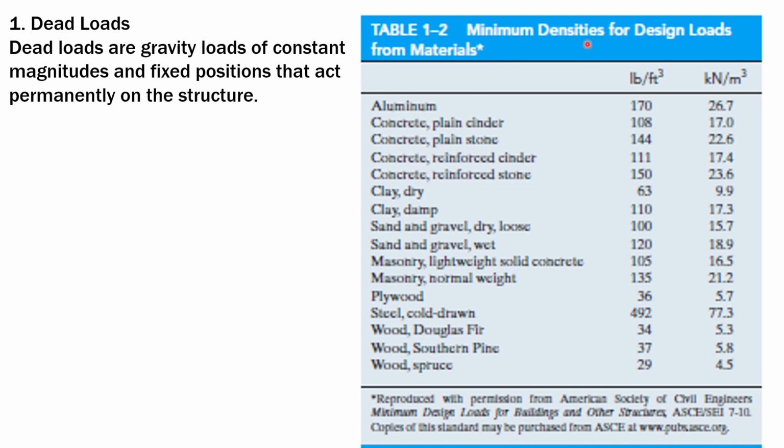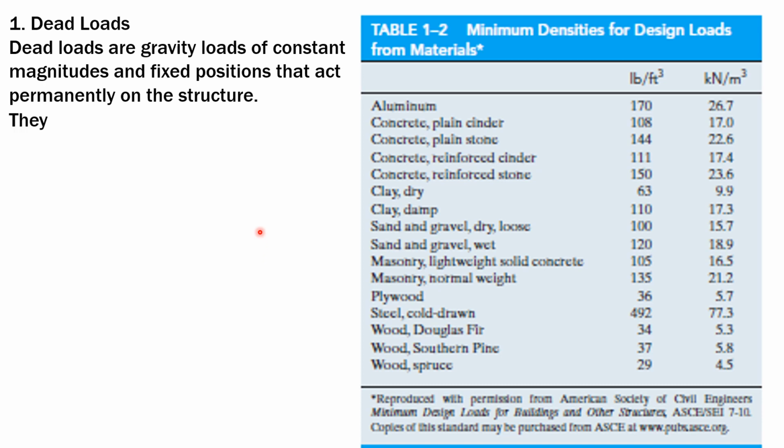So we have here the minimum densities for design loads from materials. This table is taken from the book by Hibbeler, your textbook. So you can have this in your estimation of the dead loads. You can use this density in SI units.